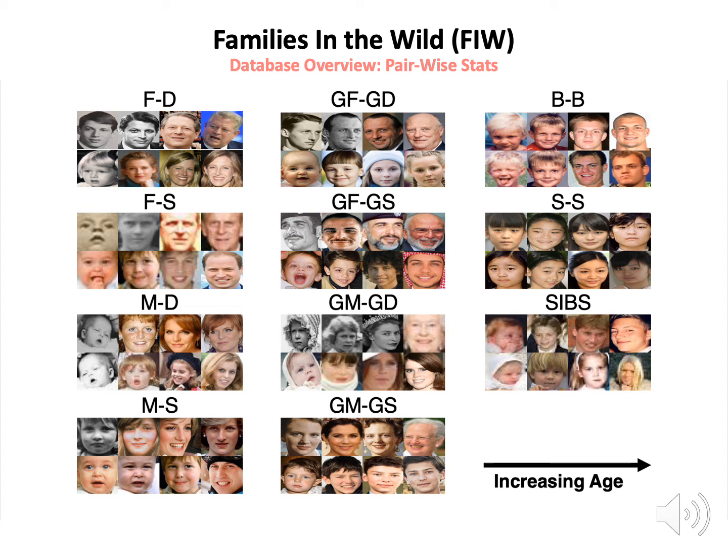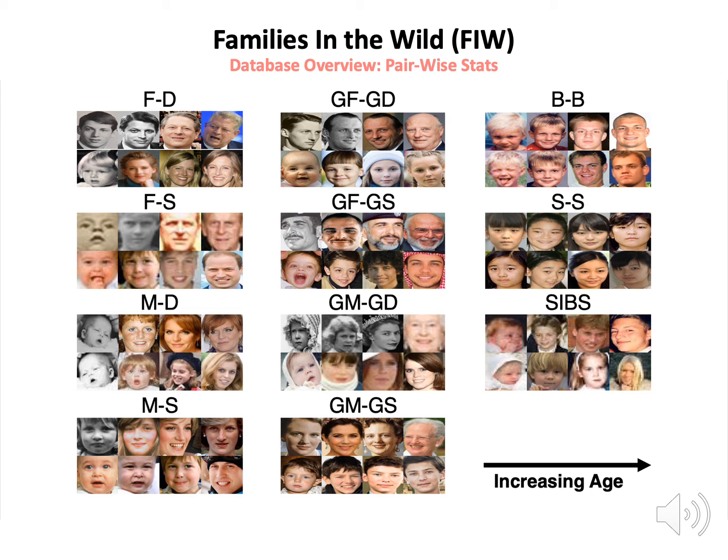Now let's take a look at the different pairwise types and the statistics behind them. As you can see, we have 11 different pairs. The first column is parent-child: father-daughter, father-son, mother-daughter, mother-son. The middle is grandparents and grandchildren, and the right is siblings: brother-brother, sister-sister, brother-sister.